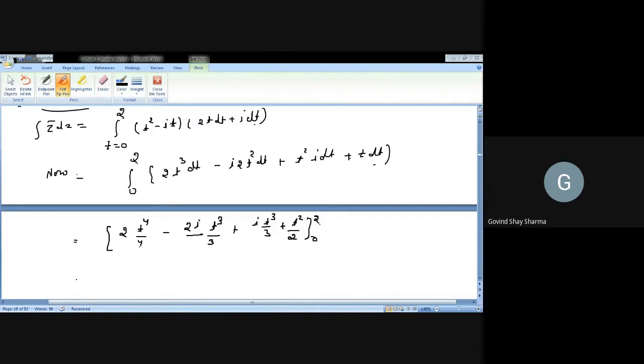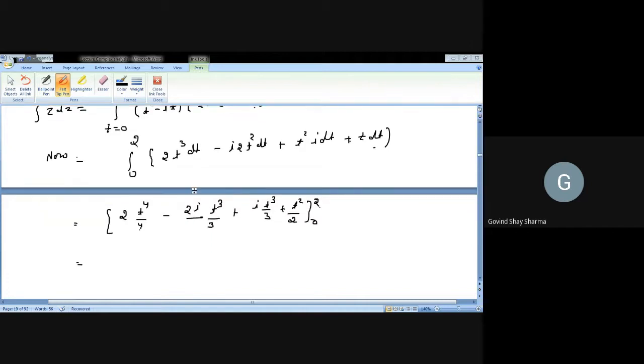Now put the value t is equal to 2 first as the upper limit, and then the lower limit. So here we get one by 2 t to the 4.